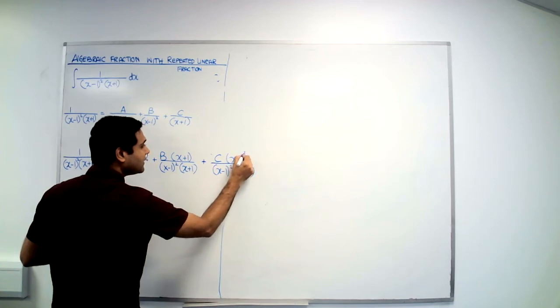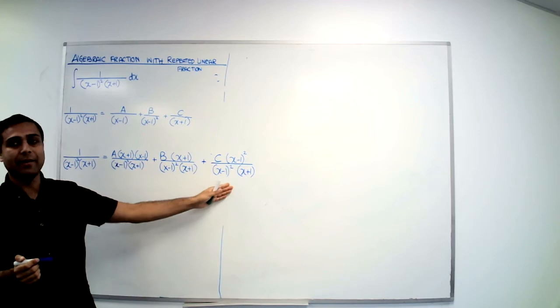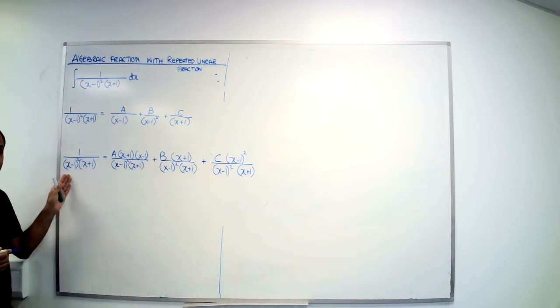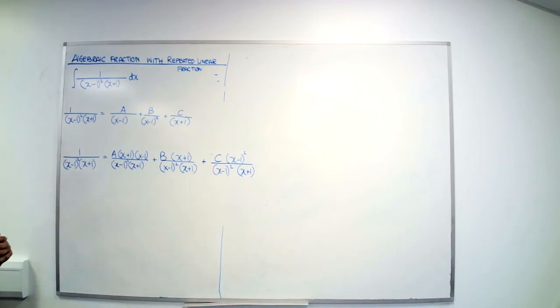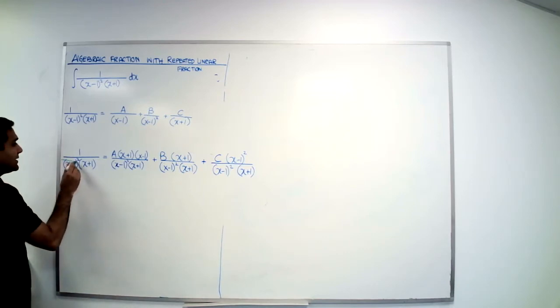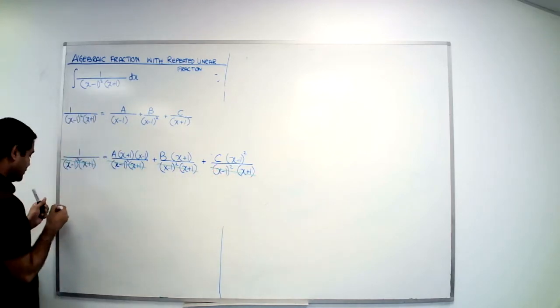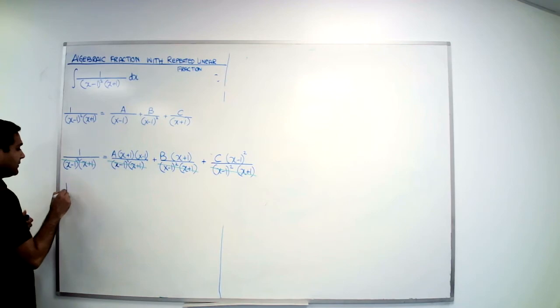Now they all have exactly the same denominators, so I can just cancel all the denominators. On this side, I have 1.